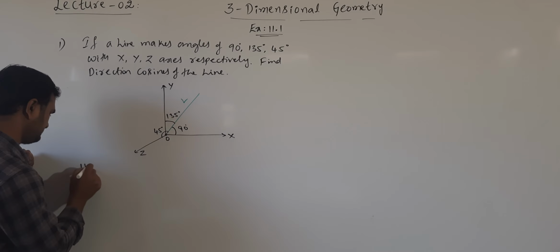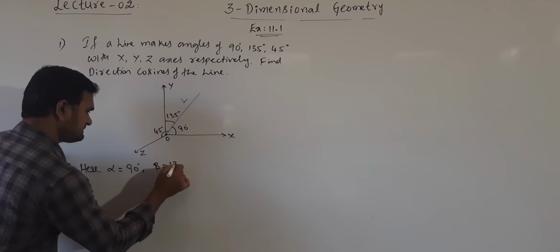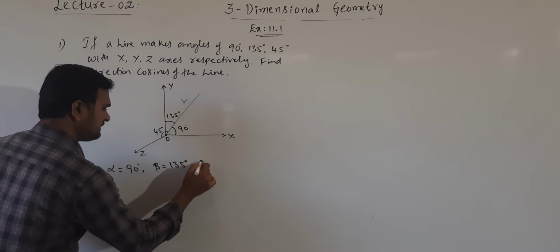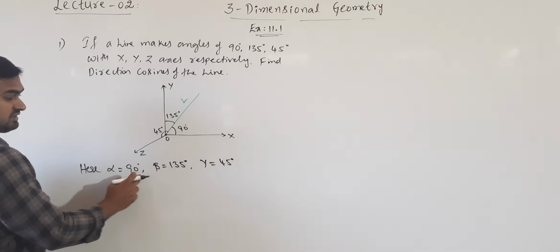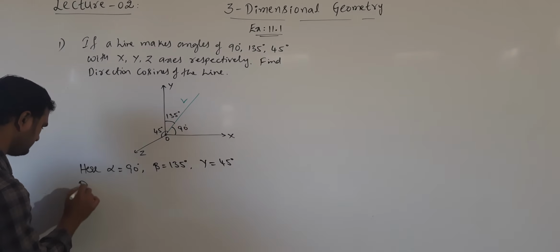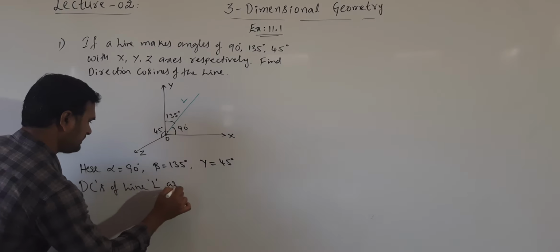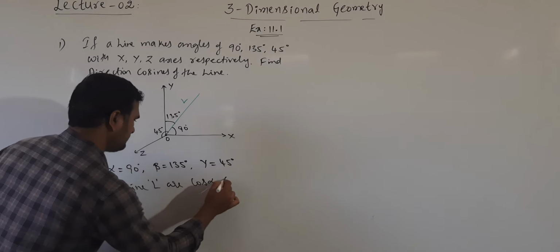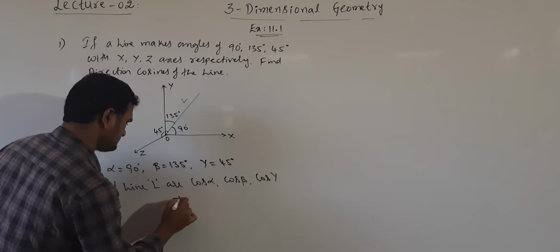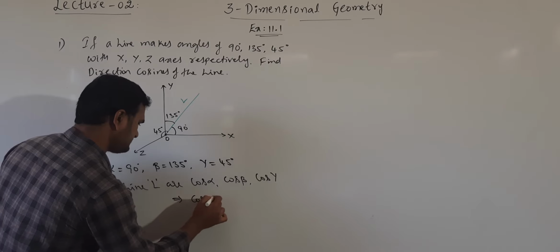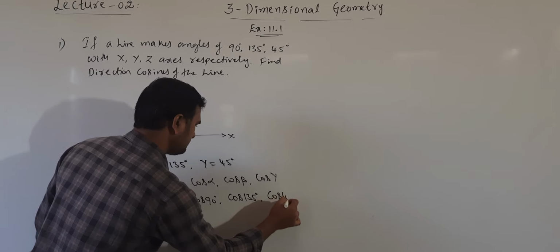So here alpha is 90 degrees, beta is 135 degrees and gamma is 45 degrees. Once we know alpha, beta, gamma, what are the DCs of the line? The DCs of the line are cos alpha, cos beta, cos gamma, that is cos 90 degrees, cos 135 degrees, cos 45 degrees.